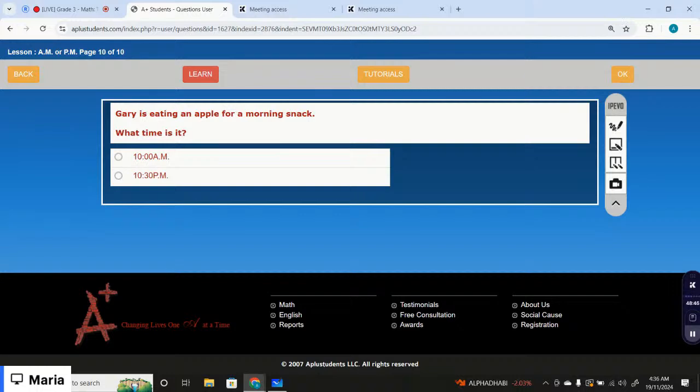So which is the correct option? That is 10 a.m. Option number 1 is the correct option.